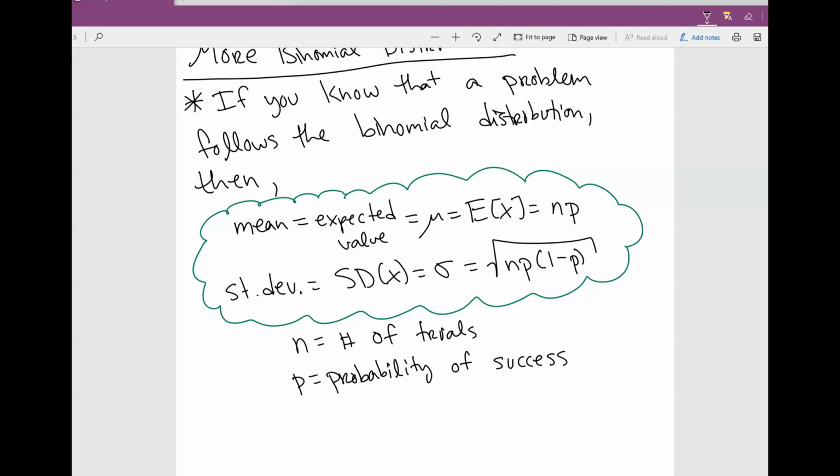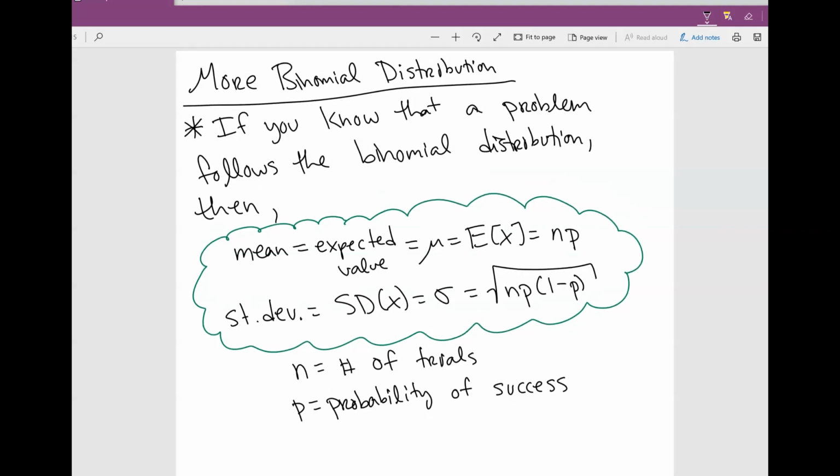The standard deviation, SD of x, which is sigma, is equal to the square root of n p times 1 minus p. If you want to find the mean or the standard deviation, and you know that the problem has the binomial distribution, you can just use these formulas. This is only for binomial.